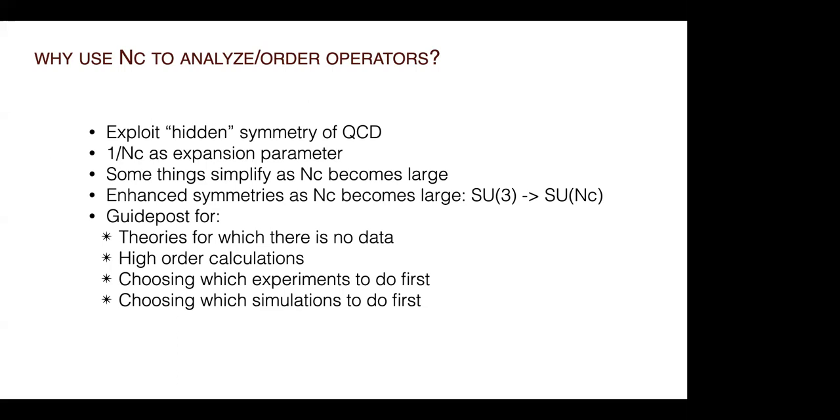From a point of view of applying it to particle physics, we know that as NC changes, we're going to go from a symmetry that's dictated by SU(3) to something that is much more constrained, SU of this much larger NC.